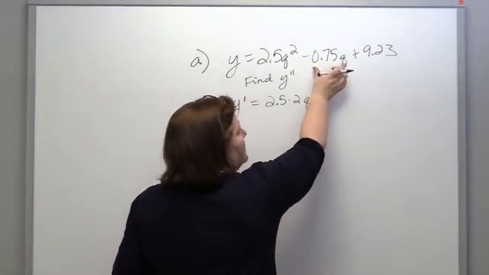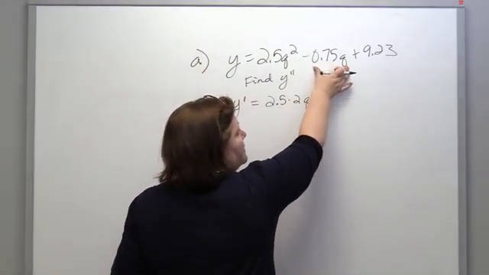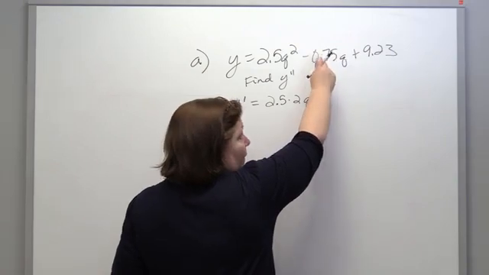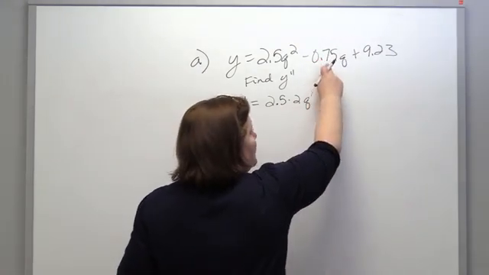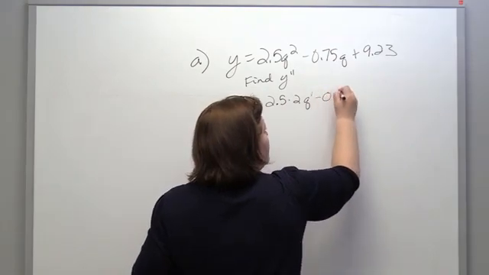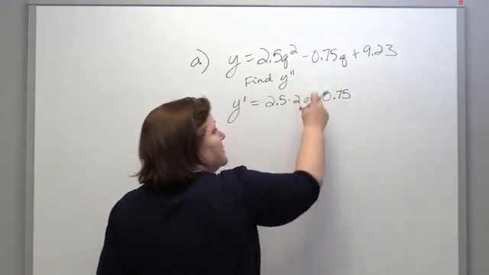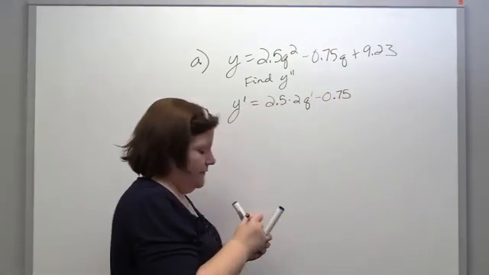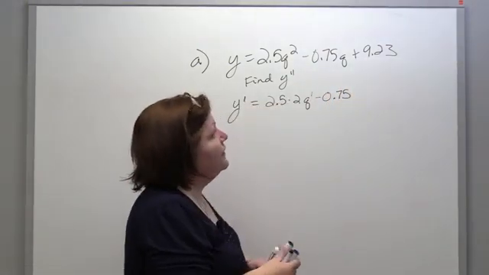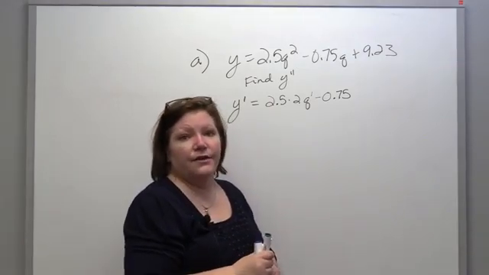And then minus, and then the derivative of this. This is just 0.75 times q, and the derivative of that will be 0.75, and it's subtracted. And then here we just have a constant, and the derivative of a constant is just 0.